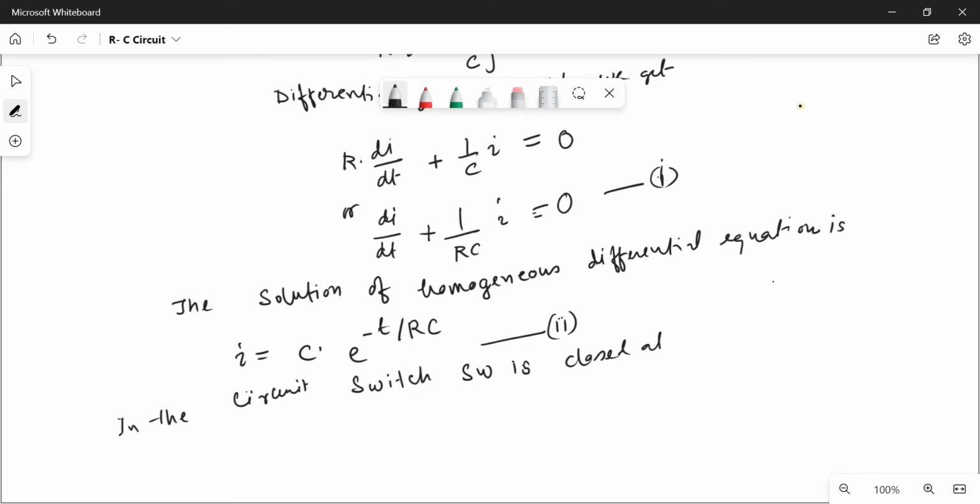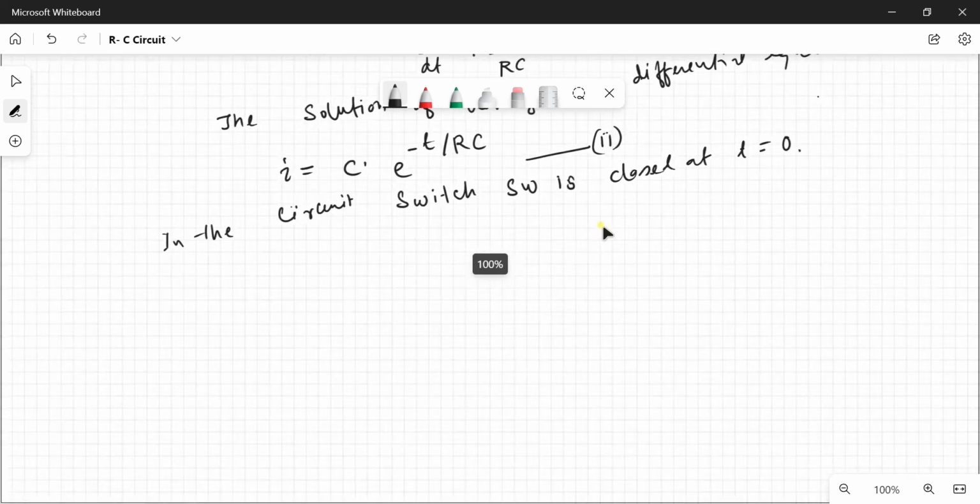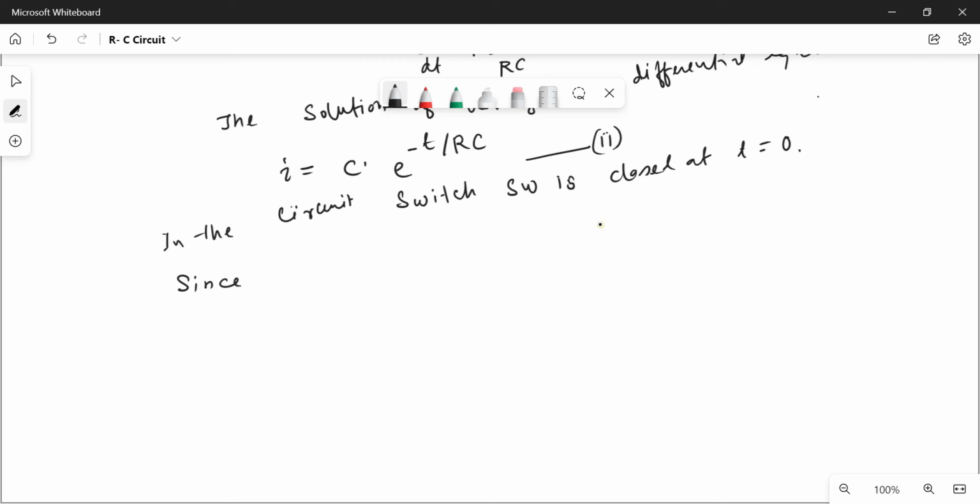We know that in the circuit shown in the figure, the switch SW is closed at t equal to 0. Since the capacitor never allows sudden change in voltage, it will act as a short circuit.